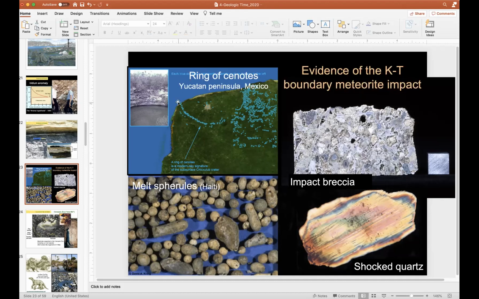I knew that there was a topographic expression of the actual asteroid impact that was a roundish zone here. I didn't realize that there was a ring of cenotes in that area. If you've ever been to the Yucatan Peninsula, you might have gone snorkeling or swimming in a cenote.